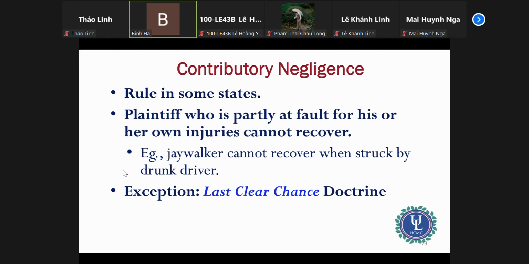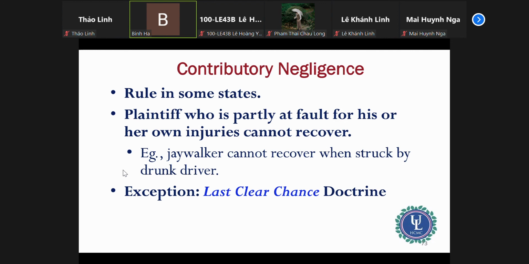Anyone have questions or ideas? Okay, so this seems to be very strict, very harsh for the plaintiffs in the states that apply contributory negligence.